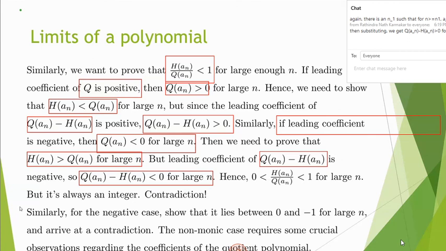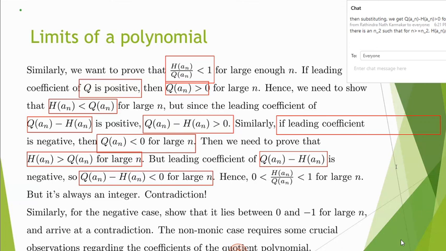So what did we prove now? We proved that for large n, h of n by q of n is less than 1. There is an n2 such that for n greater than or equal to n2, h of n by q of n is less than 1.